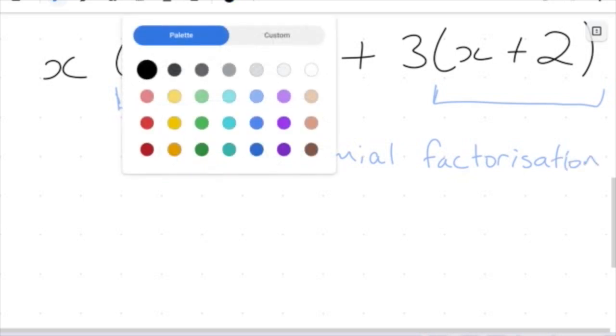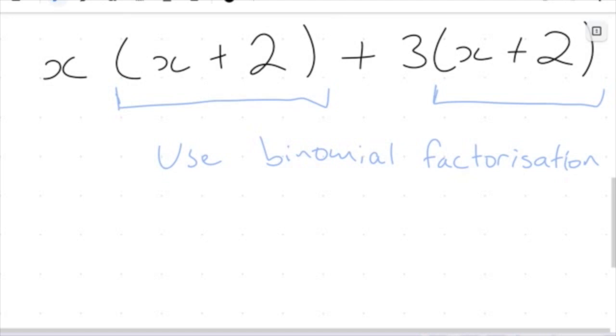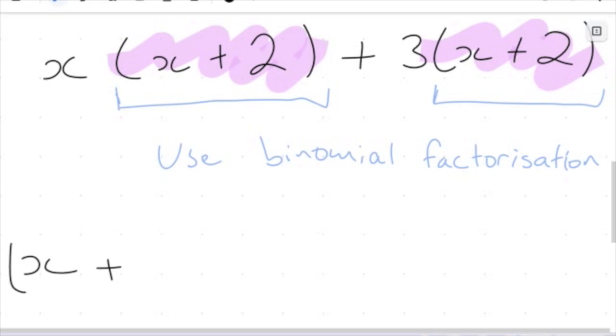So what does that mean? Going back to what we did two videos ago when we talked about binomial factorization, we are going to pull out our common factor x plus 2. I'm going to see what was multiplied by x plus 2 to give me x outside of x plus 2, this first term, as well as 3 outside of x plus 2.